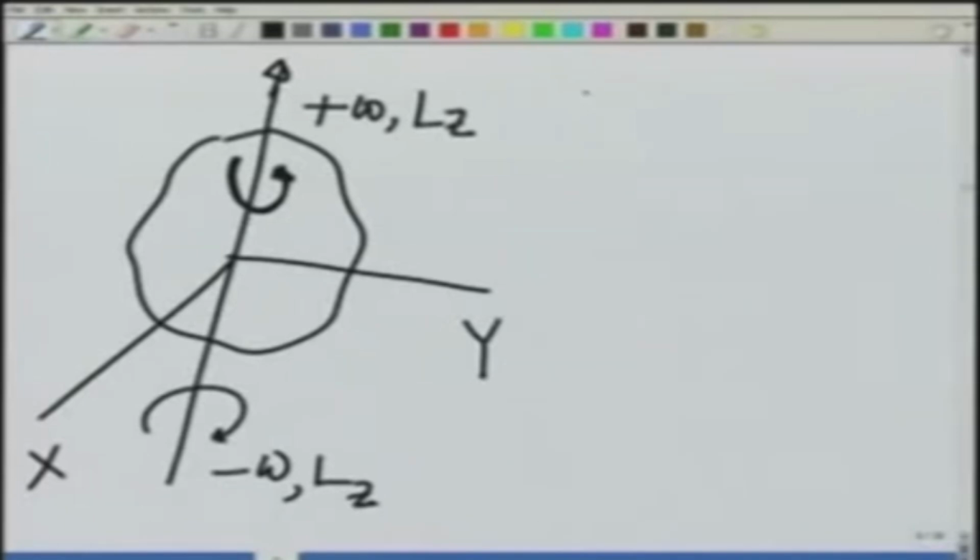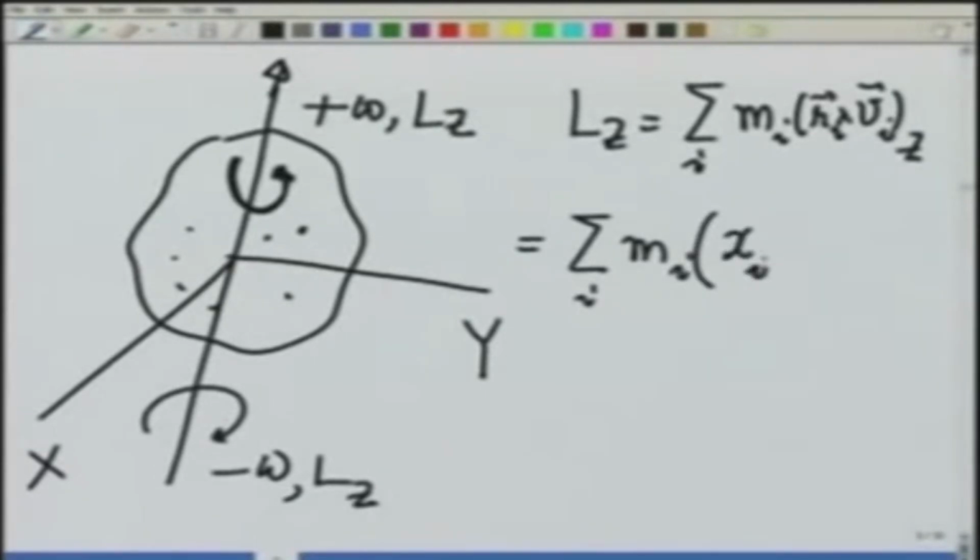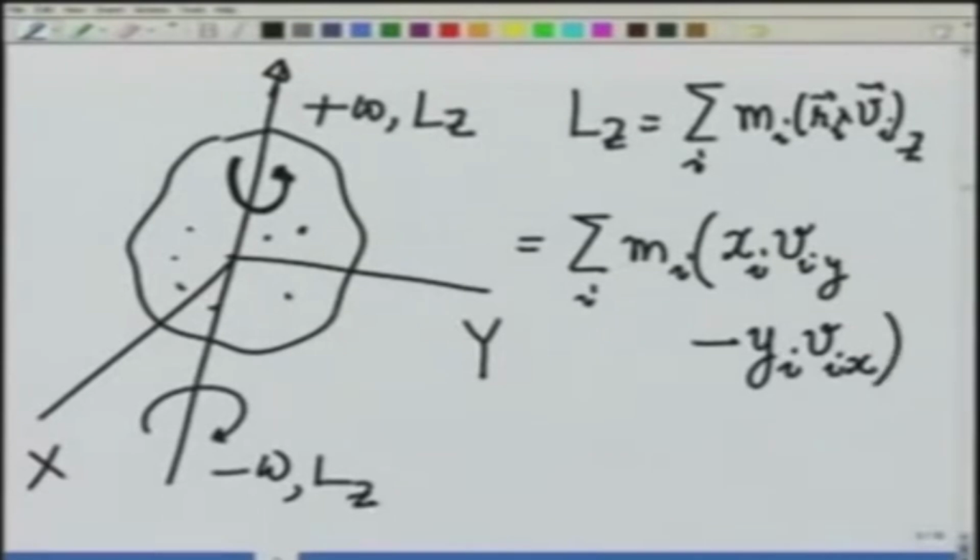So, let us calculate L by definition. Lz is going to be the summation over i of m_i times the z component of r_i cross v_i, which is the summation over i, where i refers to different points, different masses on this body, of m_i times x_i v_i's y component minus y_i v_i's x component, by definition of the angular momentum.